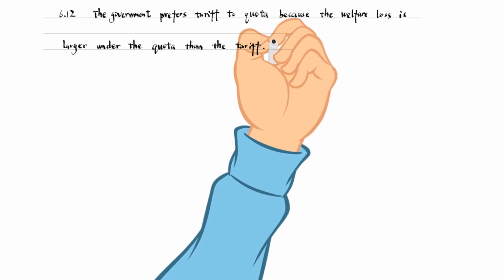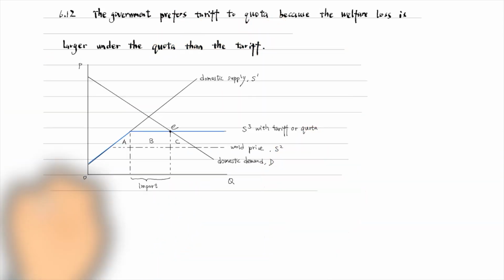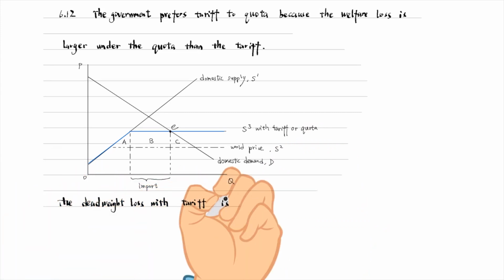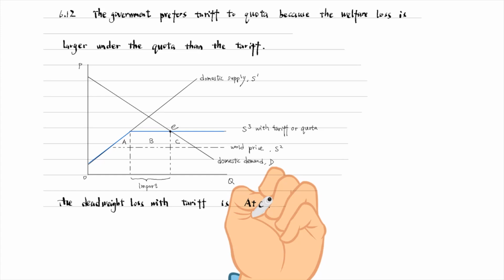The domestic market equilibrium is E after the tariff is imposed. E is the intersection of the domestic demand curve D and the supply curve with a tariff S3. From previous exercises, we know that the deadweight loss to society is the area of A plus C, the two small triangle areas.